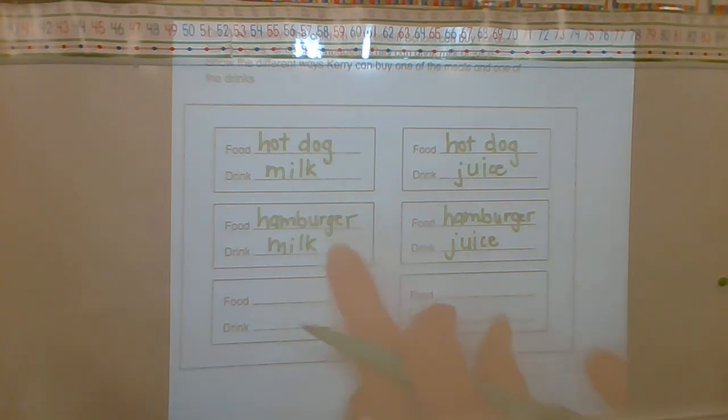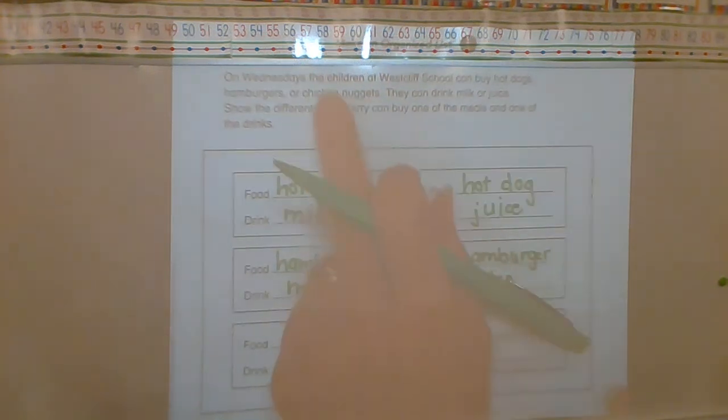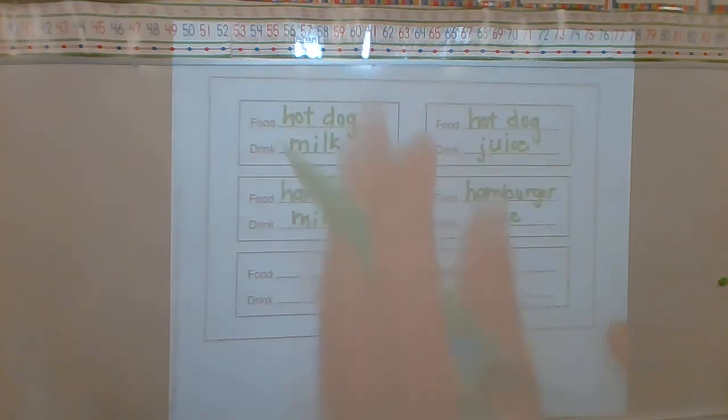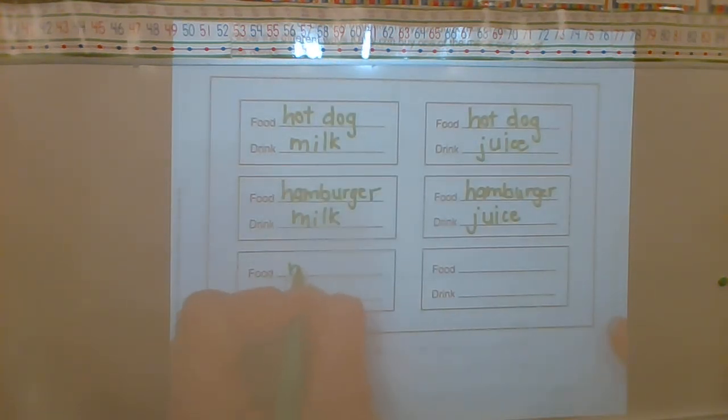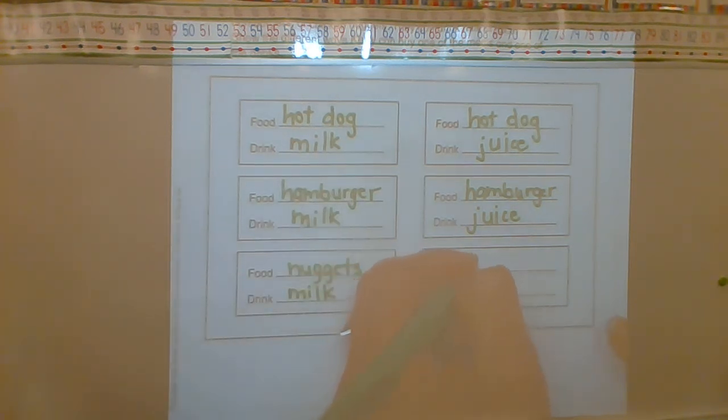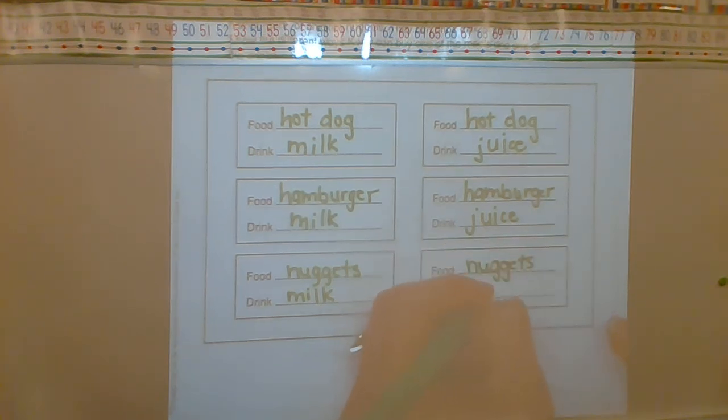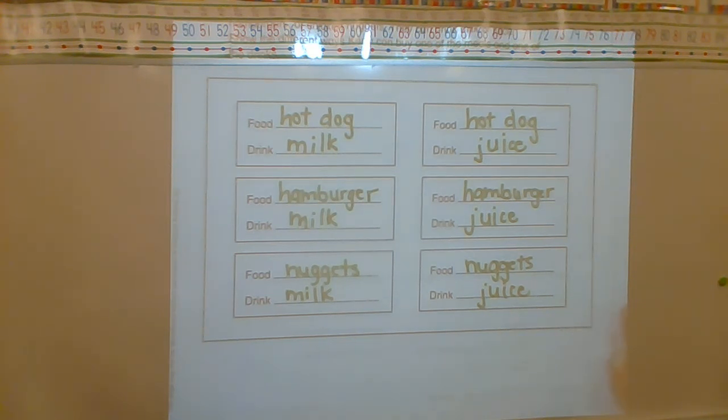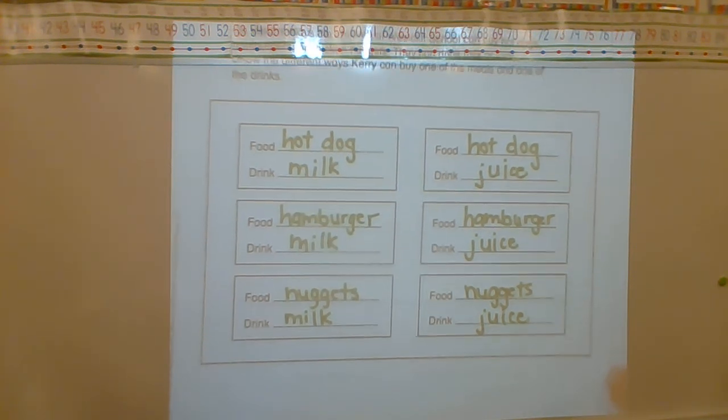No. You can have a hamburger with milk or a hamburger with juice. What's the third food choice? Nuggets. Let's just write nuggets for a little bit of a shortcut. Nuggets with what to drink? Yeah, milk as our first choice, or Carrie could get nuggets with juice. Are there any other food choices or drink choices we missed?